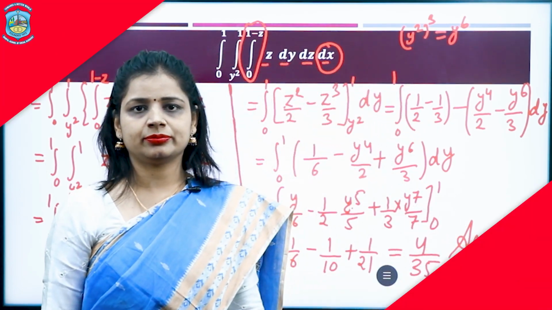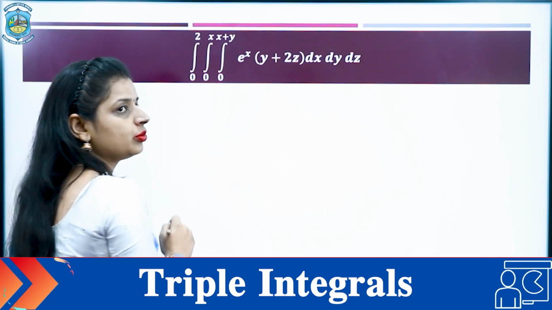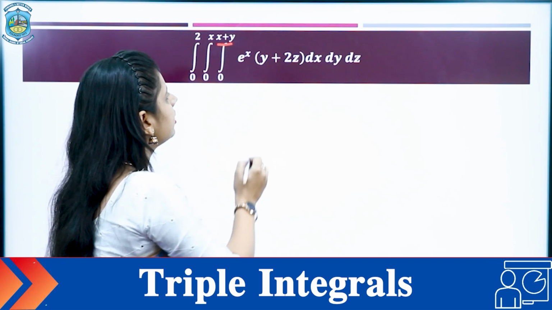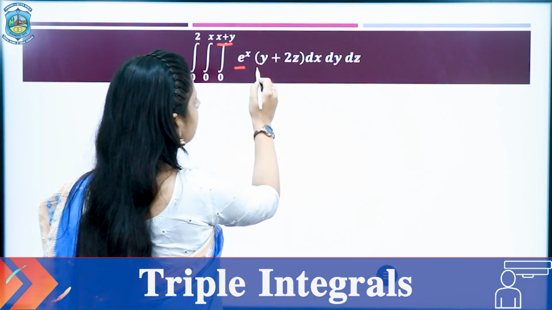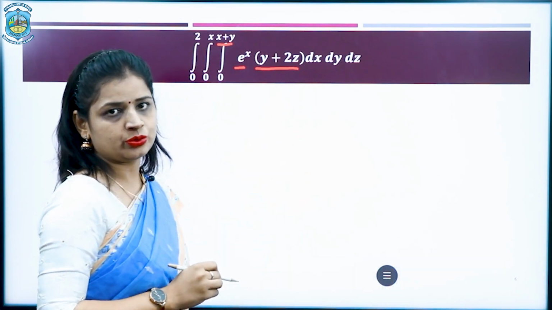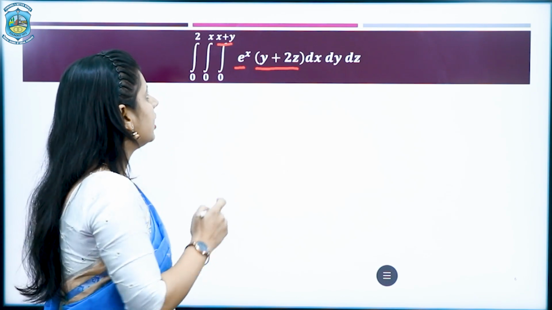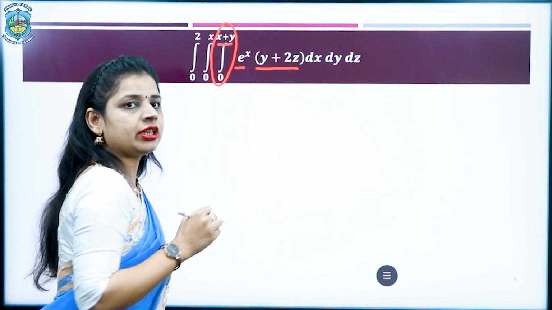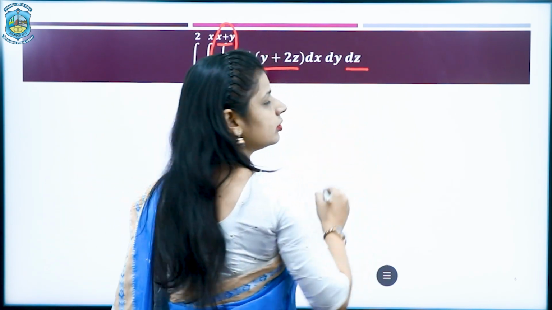That's our answer. Next we will solve this integral for the limit 0 to 2, 0 to x, 0 to x plus y of this exponential function e to the power x multiplied with y plus 2z. Now the limits are variable, and as per order, first we will integrate for this limit 0 to x plus y with respect to z.